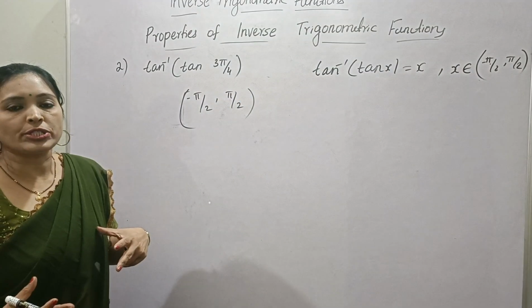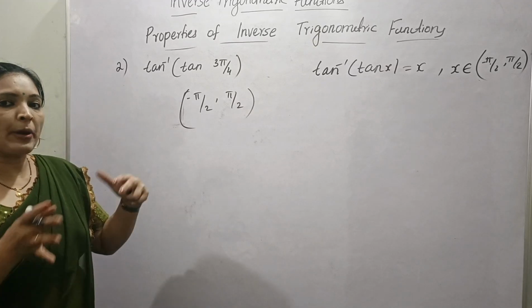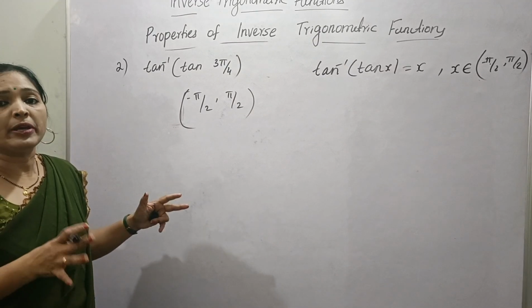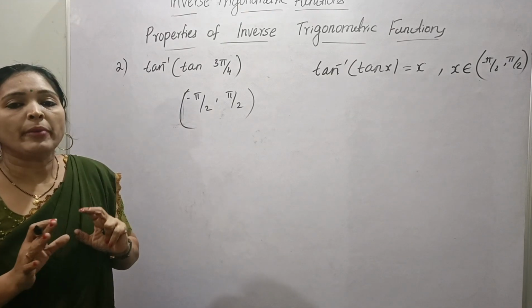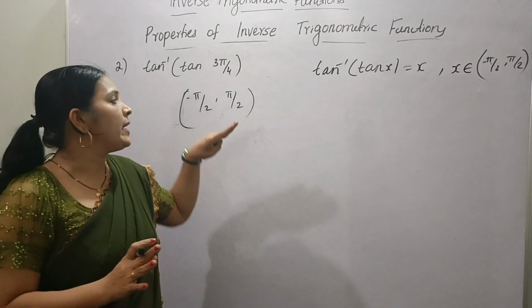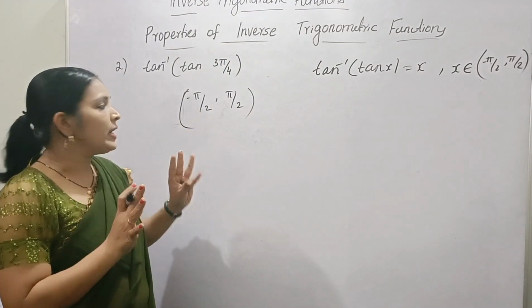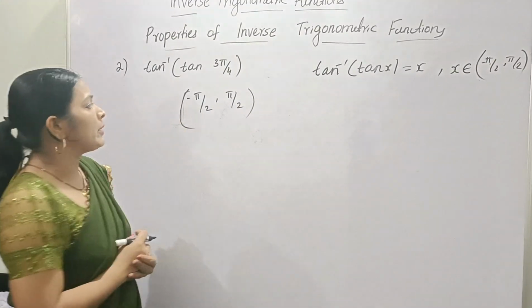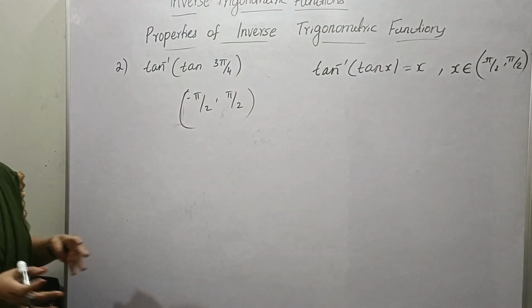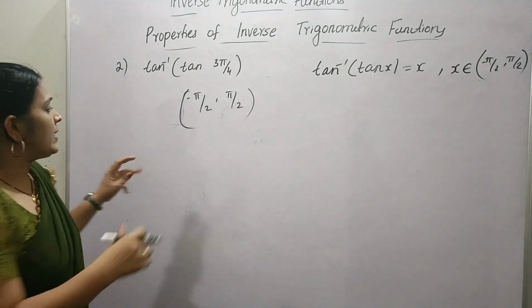Why is it not a closed interval? Closed interval means pi by 2 is included, right? Here pi by 2 should not be included, because we know that tan pi by 2 is not defined. So pi by 2 should not be included in this range. So here we write the open interval minus pi by 2 to pi by 2. And let us check whether this 3 pi by 4 belongs to this interval or not.